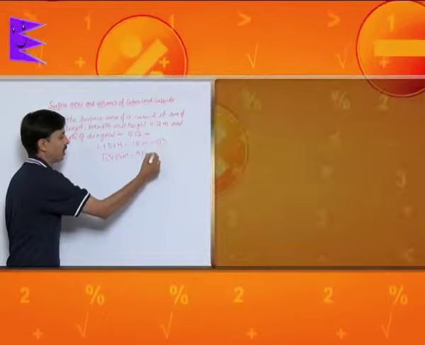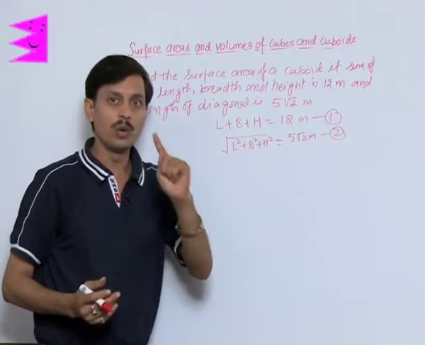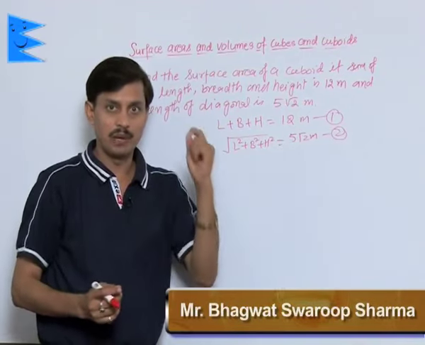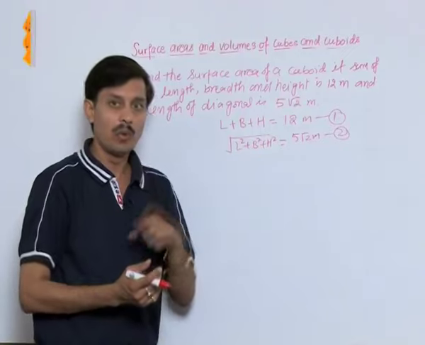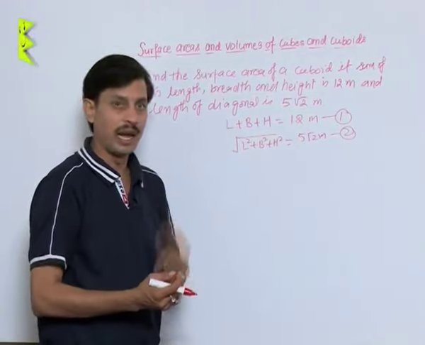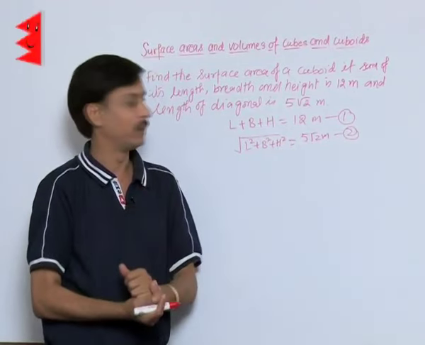This is equation 1, this is 2. What is required? We want to calculate the surface area of the cuboid if length plus breadth plus height for the particular cuboid is 12 meters and the length of diagonal is 5 root 2 meter as given.